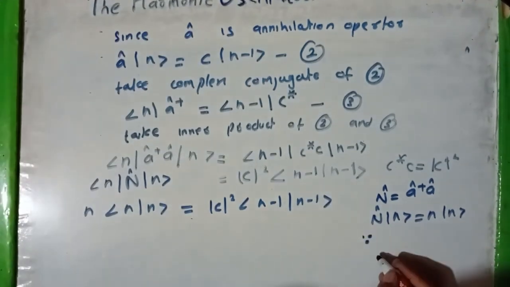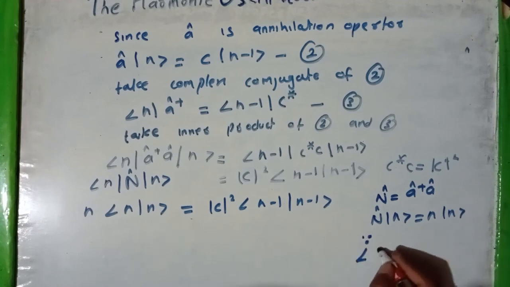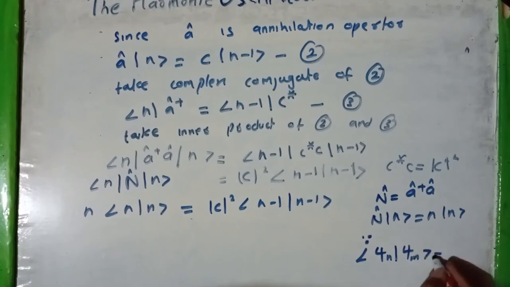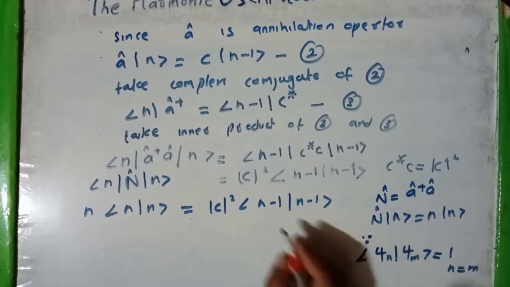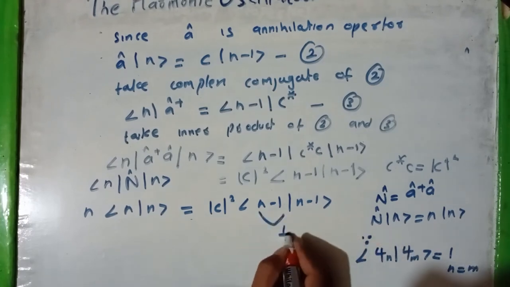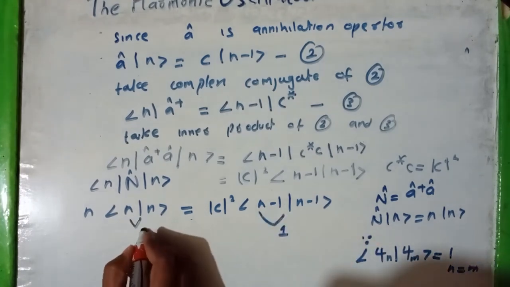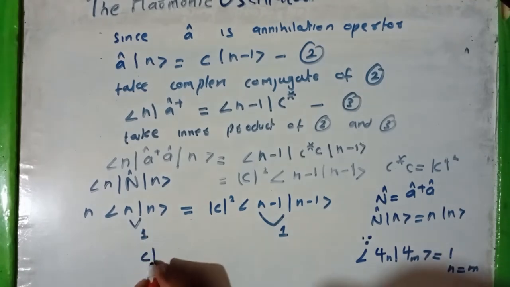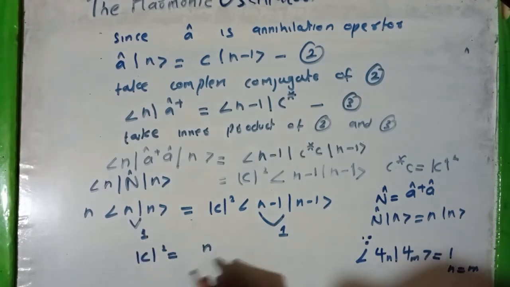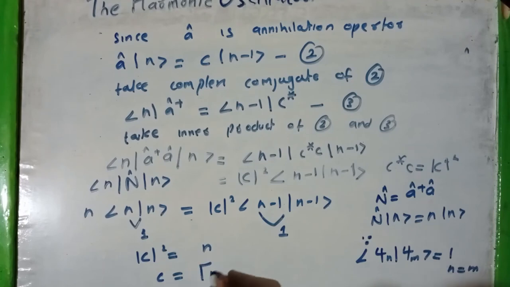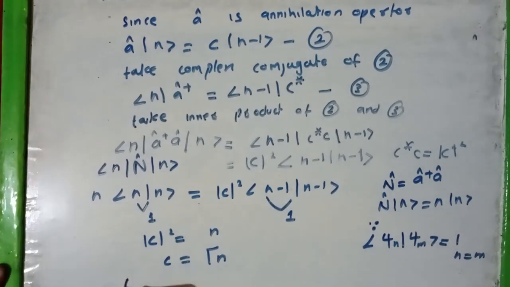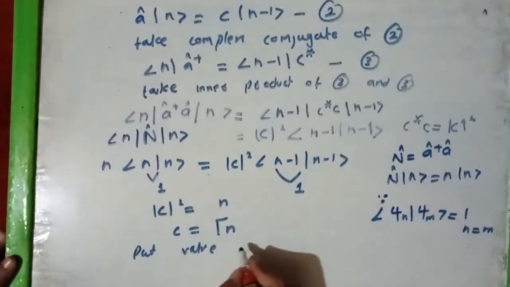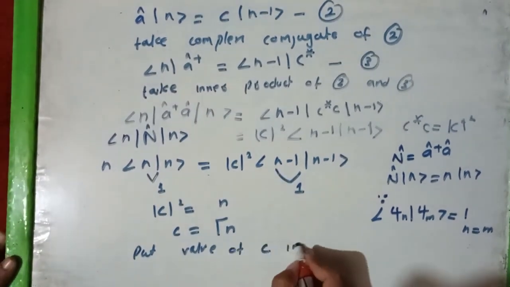Since phi n, phi m is equal to 1 when n is equal to m, this term is equal to 1 and this term is also equal to 1. So C square is equal to n and C is equal to square root n. So put the value of C in equation 2.